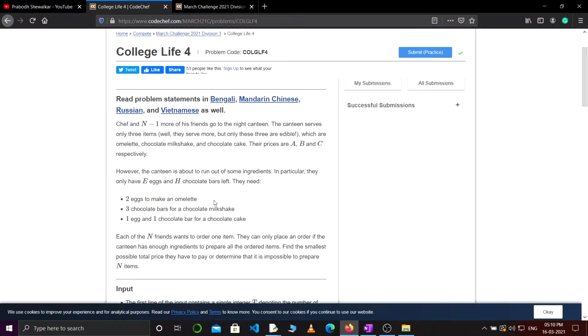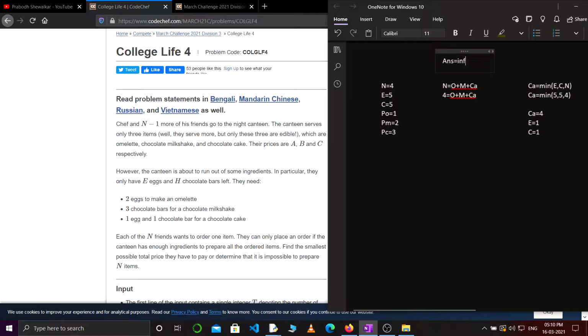And in this fashion we'll keep decreasing the number of cakes, and we'll be considering all the possible combinations of omelette, milkshake and cake, and for each combination we'll have some price, right? And we'll store that price, and whichever is the least price for whichever combination, that will be our answer, right?